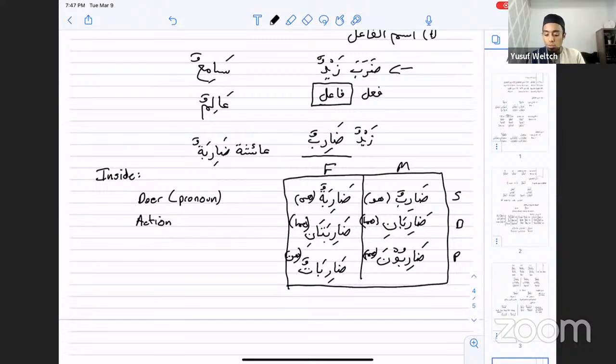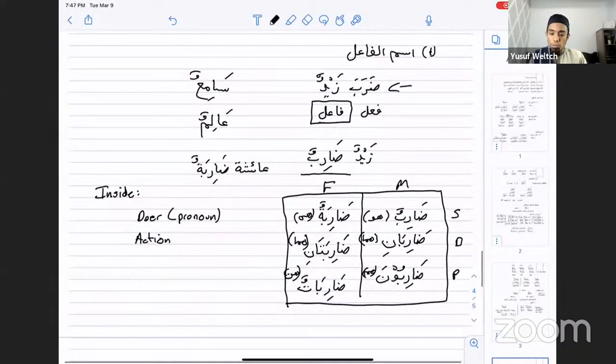So daraba Zaydun, Zayd hit, past tense. Zaydun daribun, Zayd is a hitter. And the only reason we say "is" is because there's no way to say a sentence in English without using a verb, but there is no tense implied in daribun. So, any questions on this before we show how to make the ism fa'il?